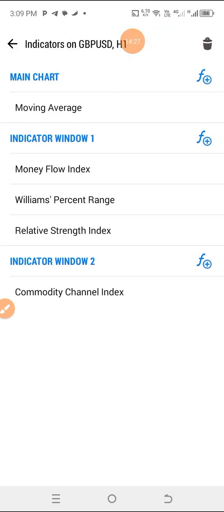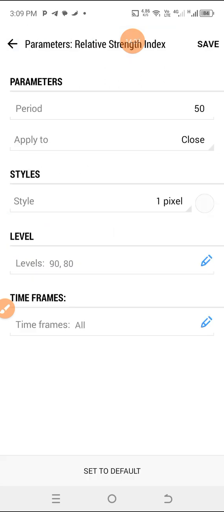You click save. Then your RSI, this is the first one you need to even set up first, because it's going to help you identify some key levels. Now we are only dealing with level 90 and level 80 for the sell region. So forget the period, because we are not using the RSI line.